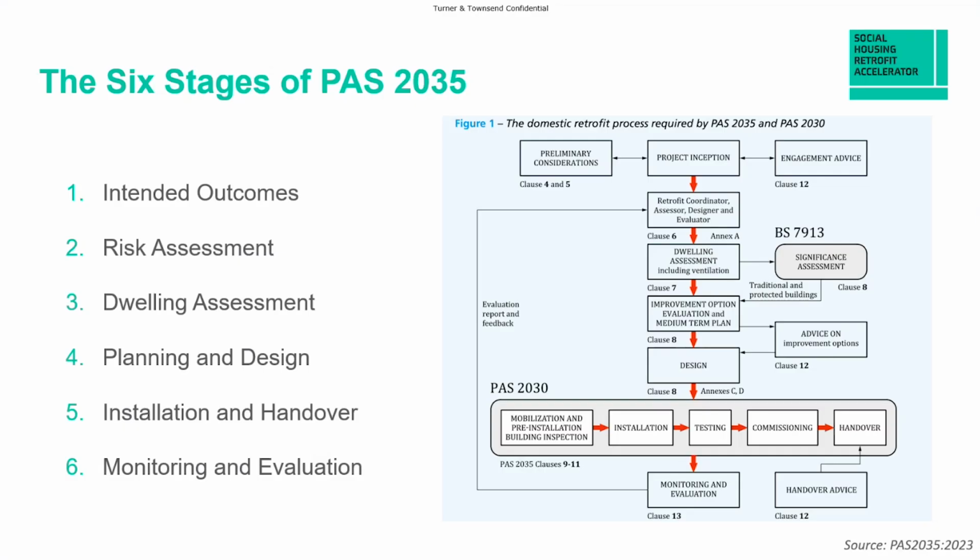So there are essentially 6 stages to the PAS delivery process. The first stage is intended outcomes. So here we want to understand, what do we want to achieve with our project? What are our intended outcomes? So in SHDF, we've had various intended outcomes.